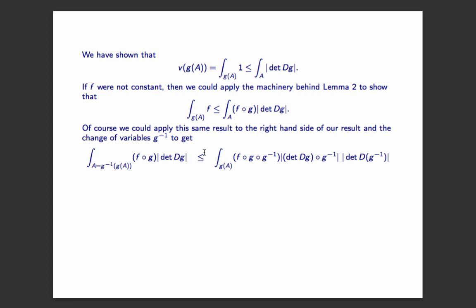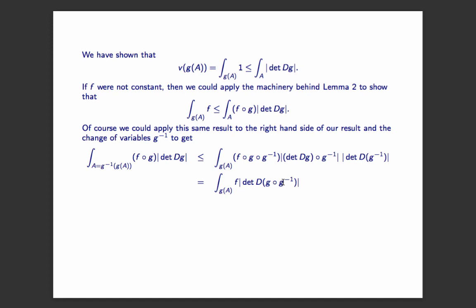Well then, according to this result, that's less than or equal to the integral over g of A of f composed with g inverse, which by the way is just f, we know that, times the determinant of dg composed with g inverse times the determinant of d g inverse. Now, we should recognize that from our chain rule as just the derivative of g composed with g inverse.